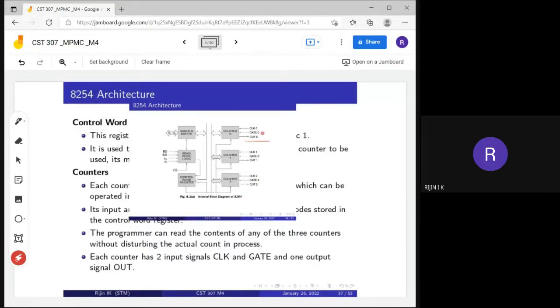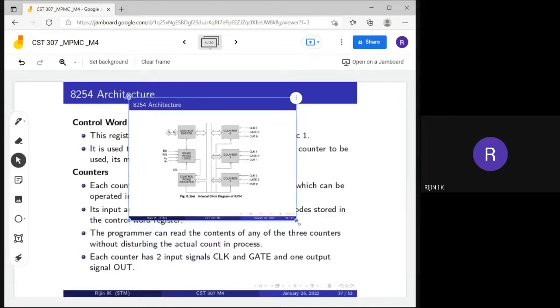Clock and gate are input signals, and out is an output signal. Clock is used to provide the clock, gate is used to enable the counter, and the out pin is used to take the output from the counter to the processor. So that's all about the counter.